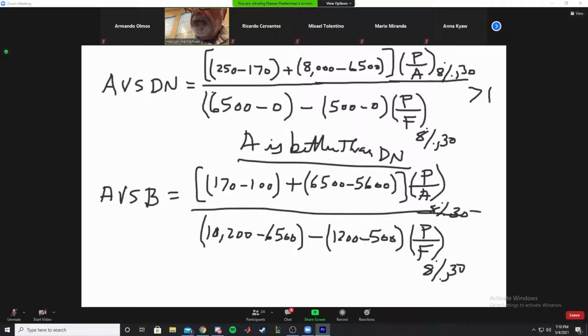Now you calculate that. Again, if it's greater than 1, B is better because B has a higher benefit, correct? If it's less than 1, then we don't want extra benefits, so we go with the A.